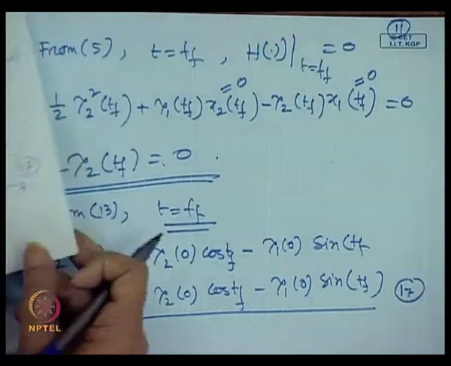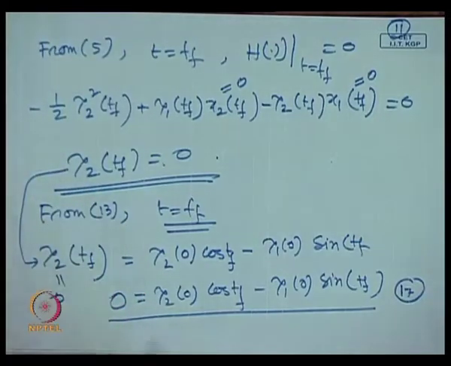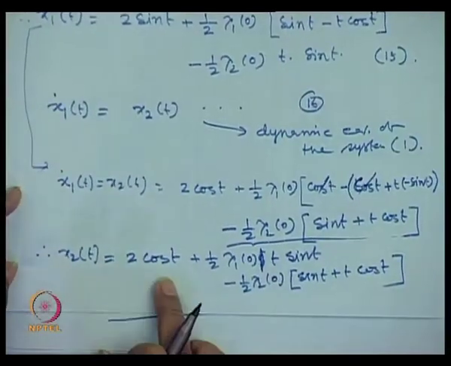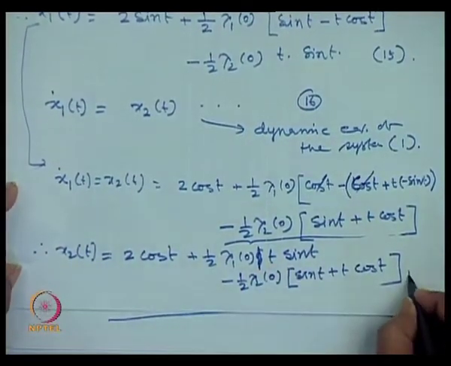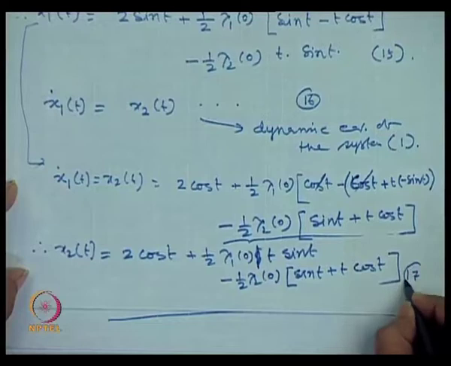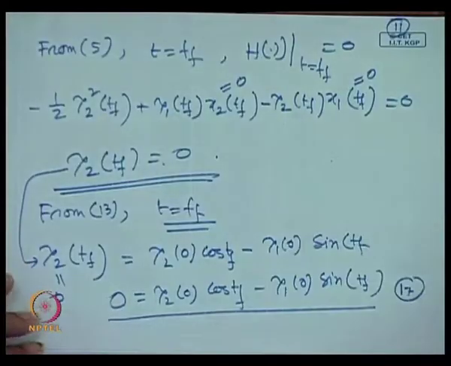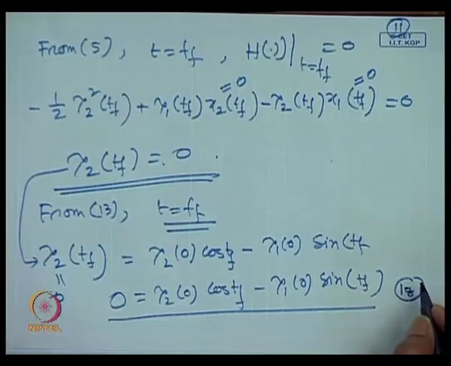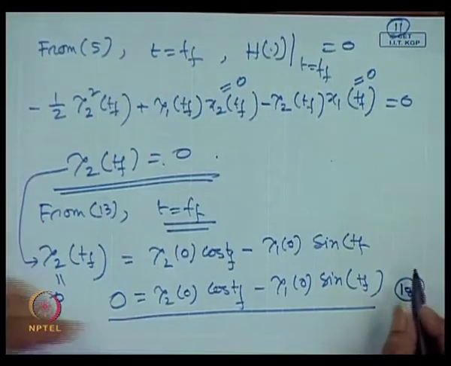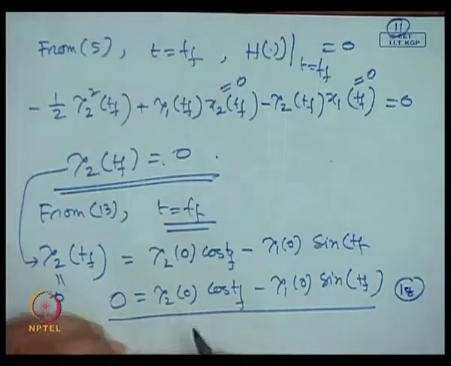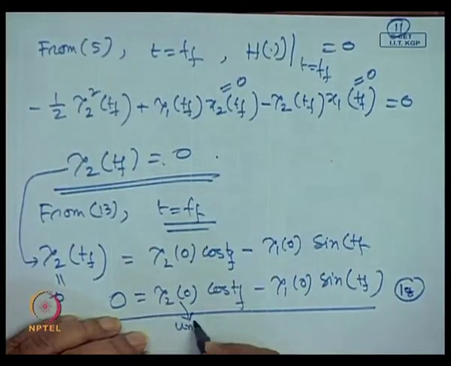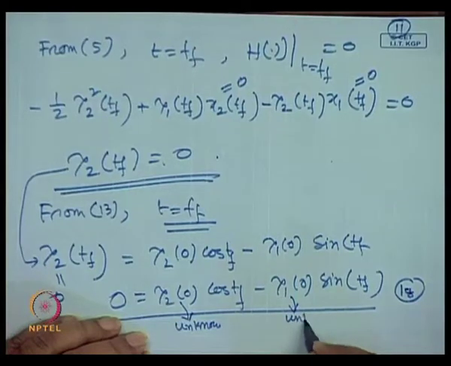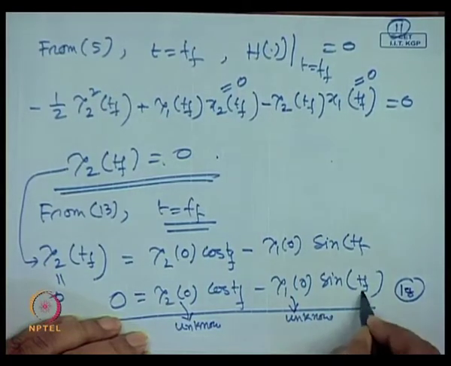This x2 expression, what we got, you give it 17 because this will refer to 17, and this you give 18. Agree? Now, see this one, this is unknown, this is unknown, and T_f is unknown.